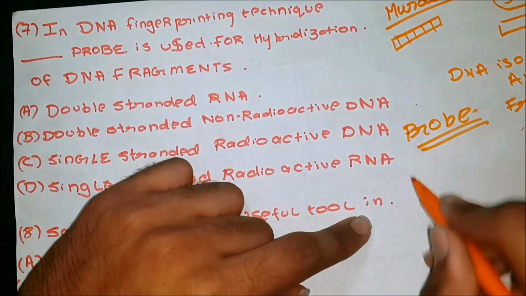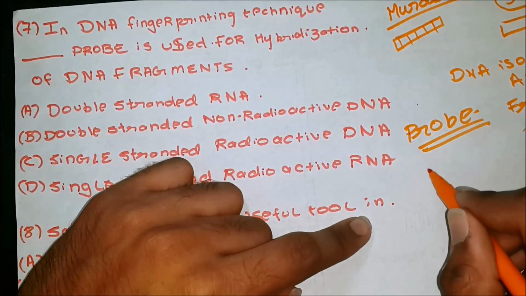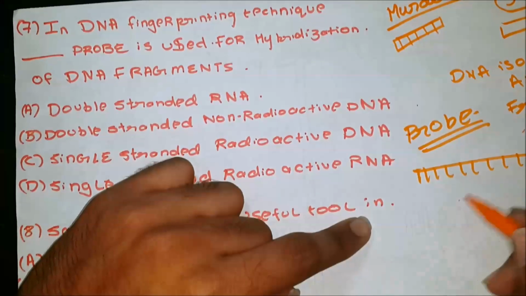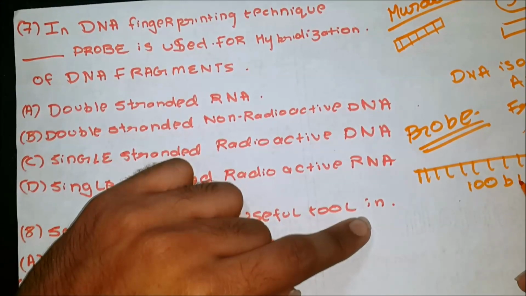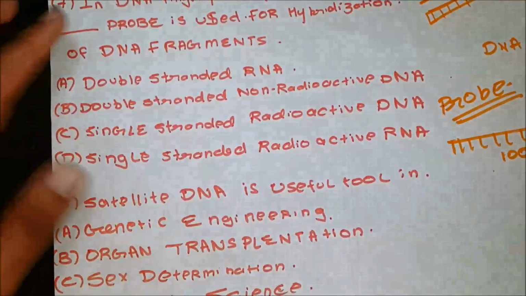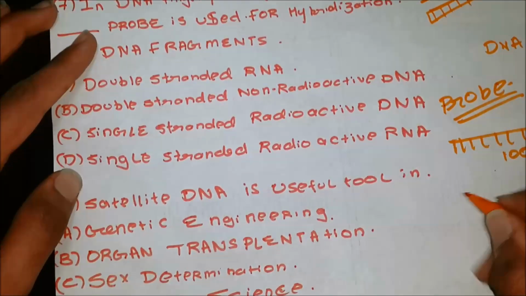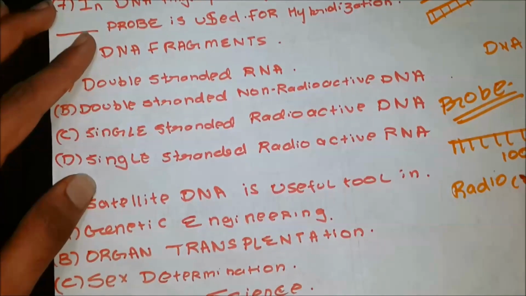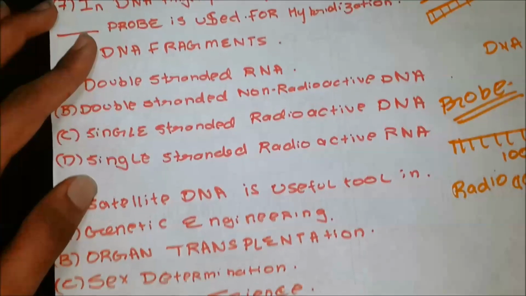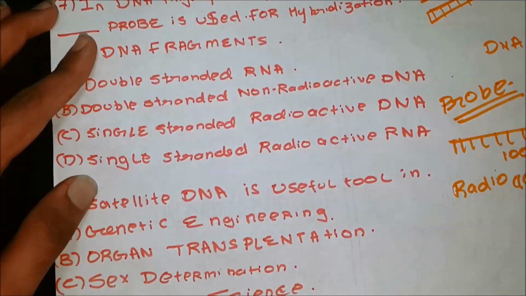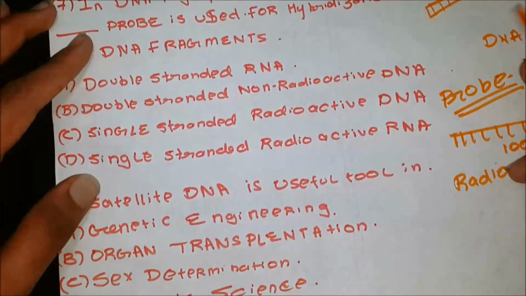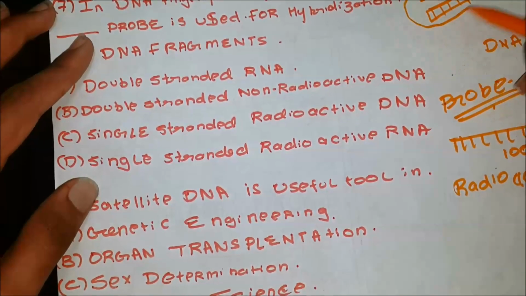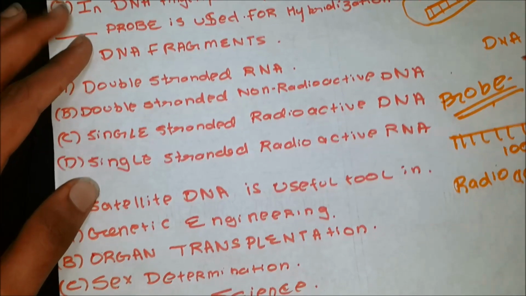the probe DNA, probe is nothing but a sequence of DNA of about 100 base pairs. Now this probe DNA is furnished with radioactive substances and is matched with the DNA sample that we obtained at the murder.